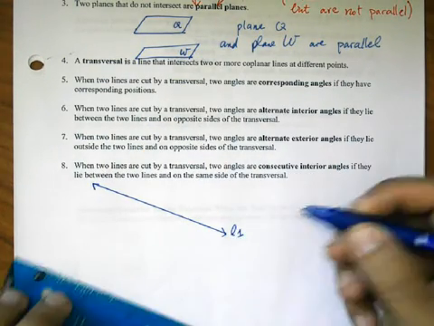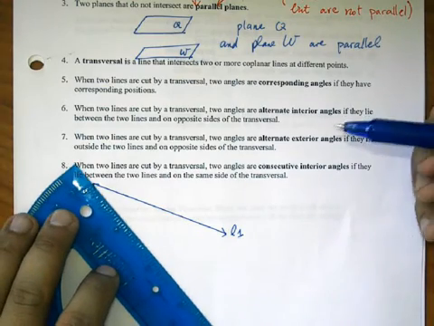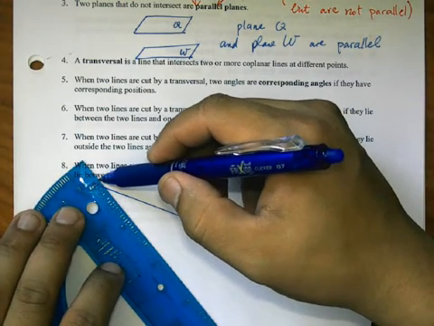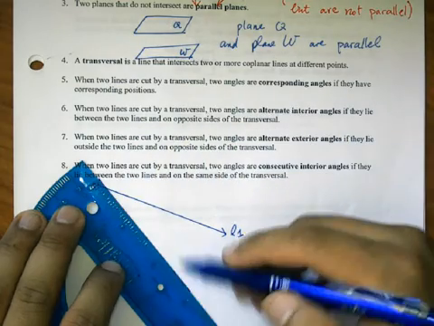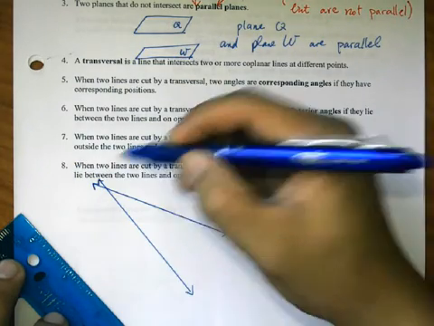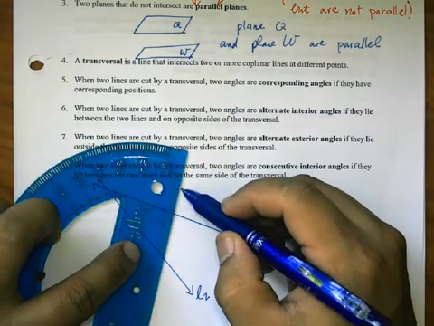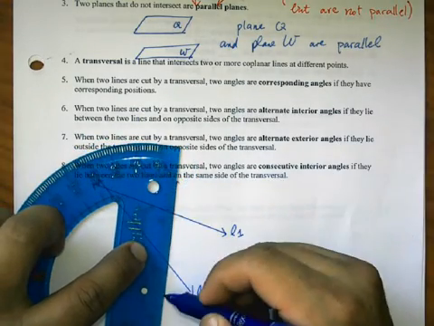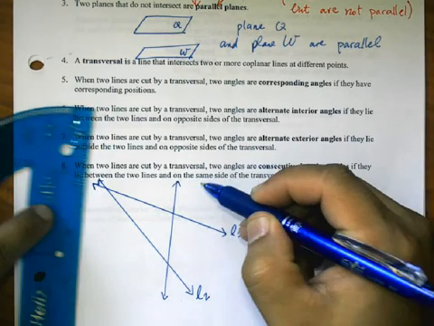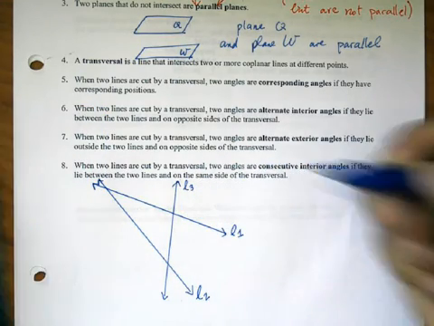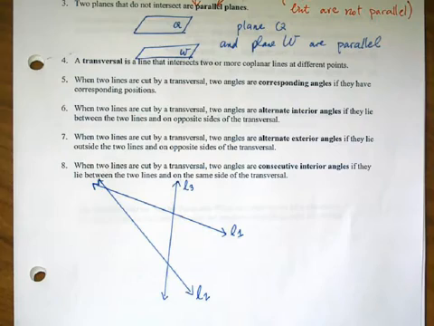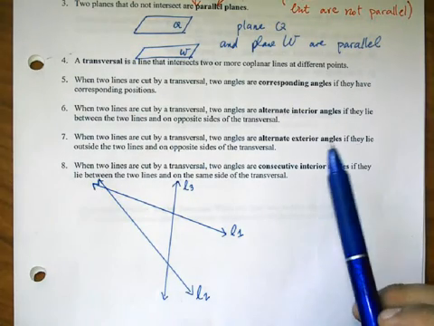So I'll call this line 1. This next part here, I'll call it line 2. And then this line here, I will call line 3. And let's look at our definitions here.